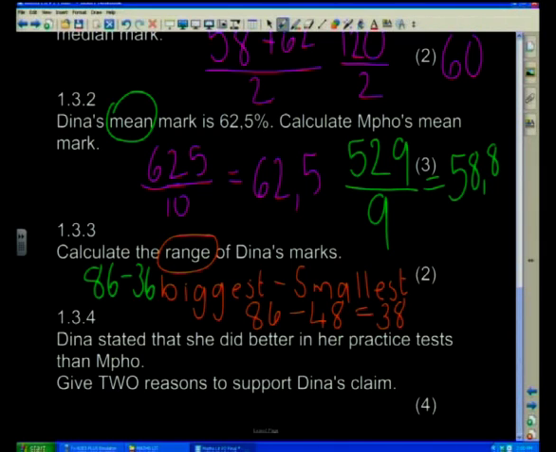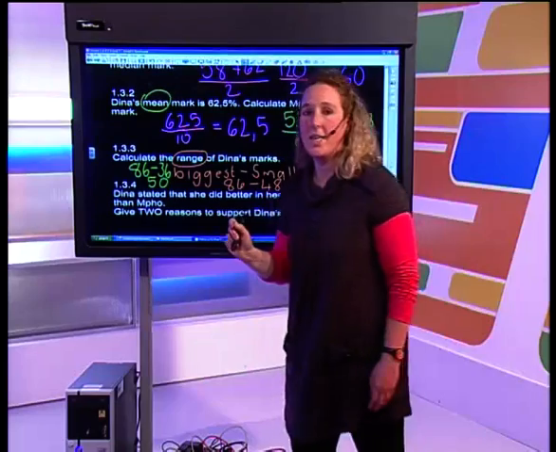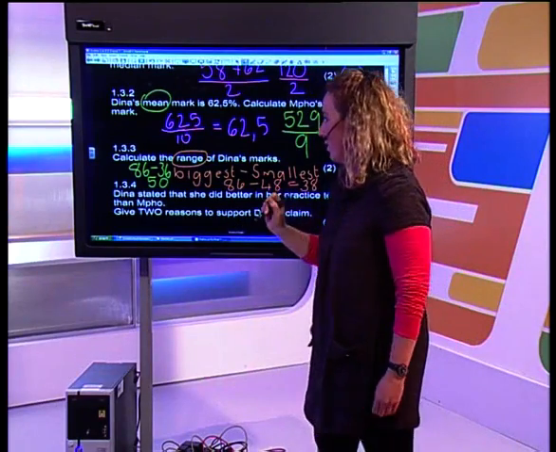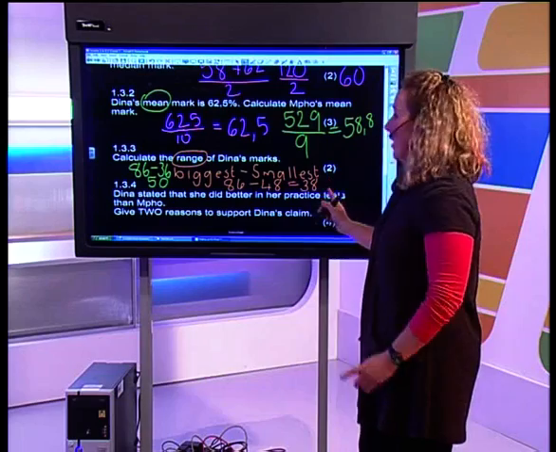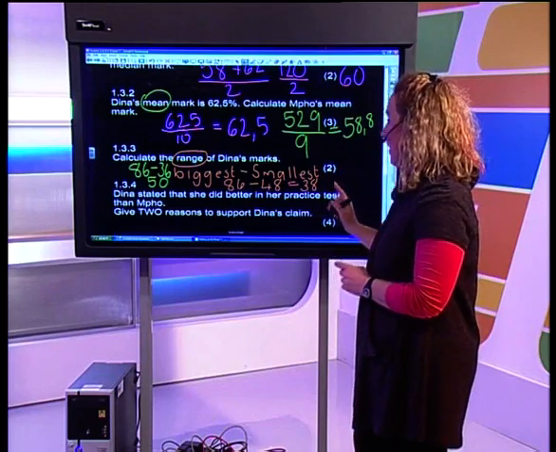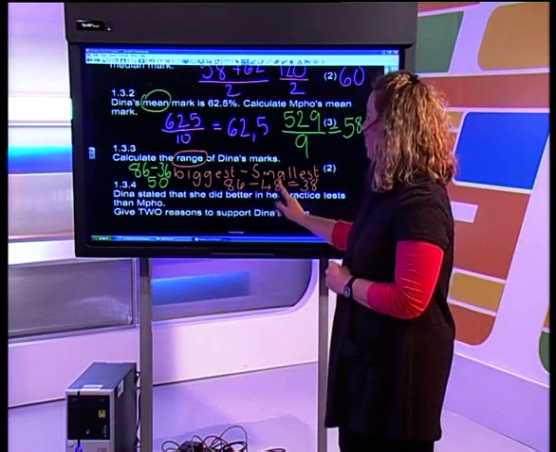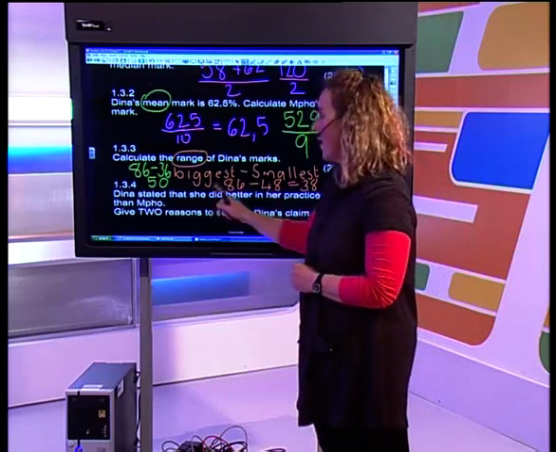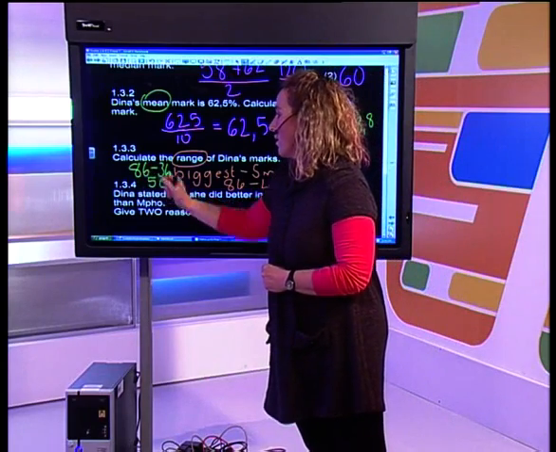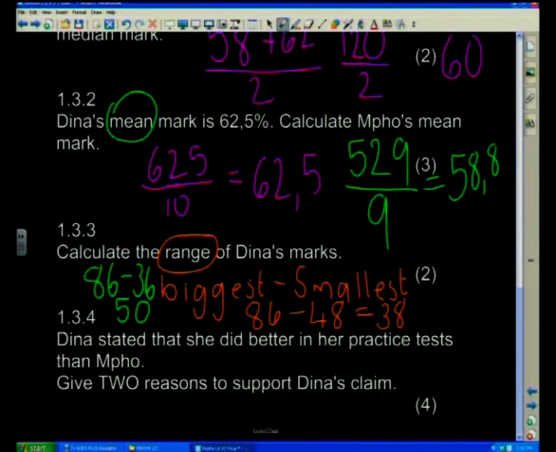Well, we don't really need a calculator. We can say that that is 50. If you weren't sure, please take out your calculators and use them. They must be your best friend. It's just good to have a comparison to see that Dina's biggest minus smallest is less than Unpau's biggest minus smallest. Okay, now let's look at 1.3.4.